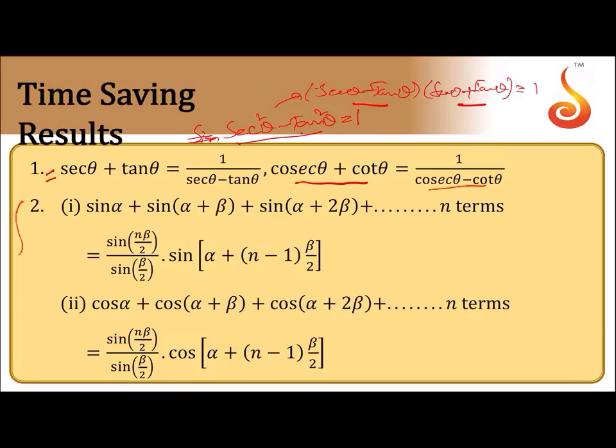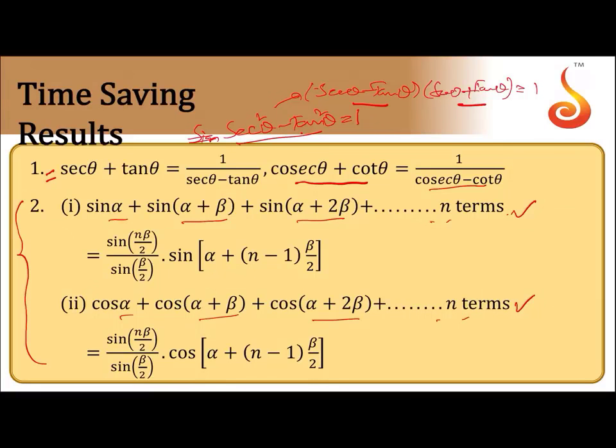And these are actually formulae which may sometimes be useful. This is called a sine series and this is a cos series. These are the series which are useful when the angles are in an arithmetic progression: alpha, alpha plus beta, alpha plus 2 beta and so on.